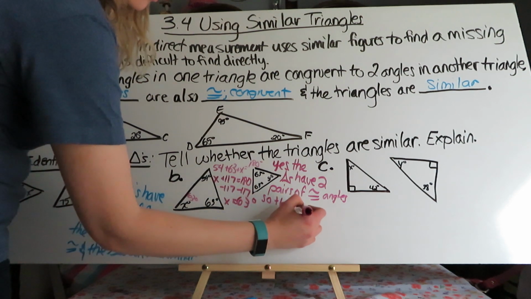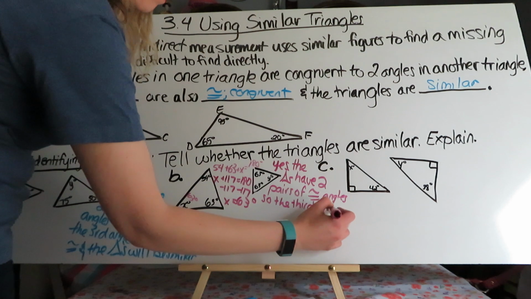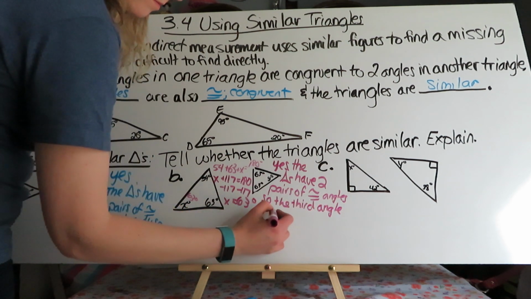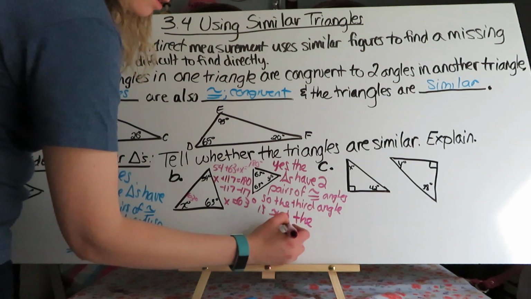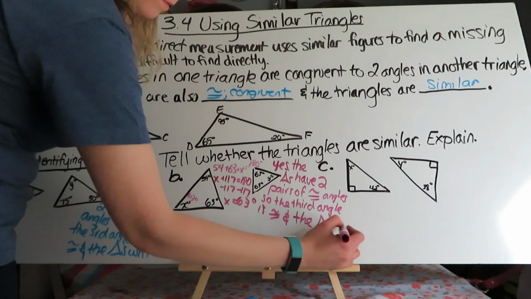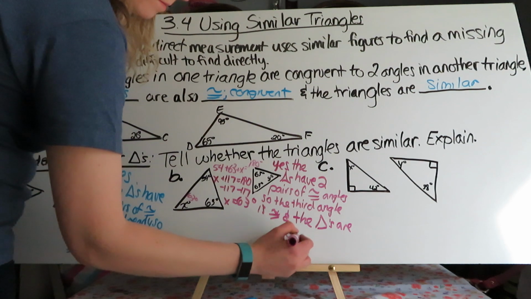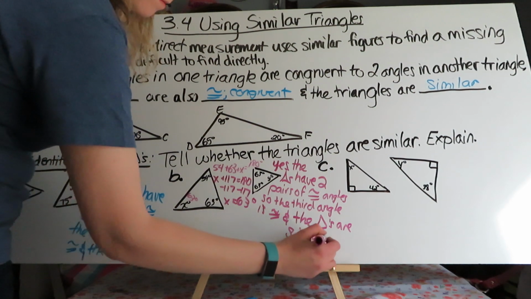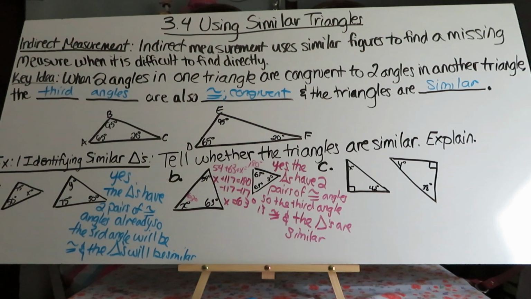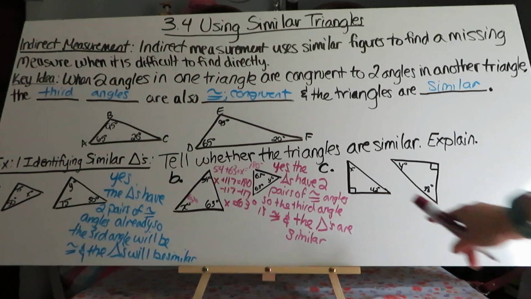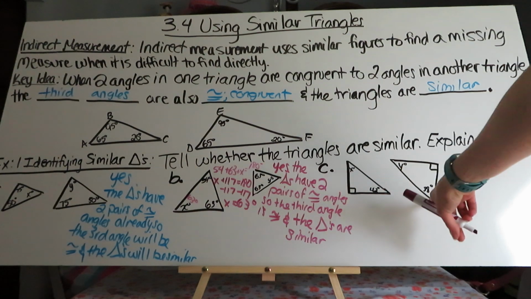So the third angle is congruent, and the triangles are similar. All right, moving on to letter C. We have 90 degrees, they both share. Then we have 42, an unknown, unknown, and 38.